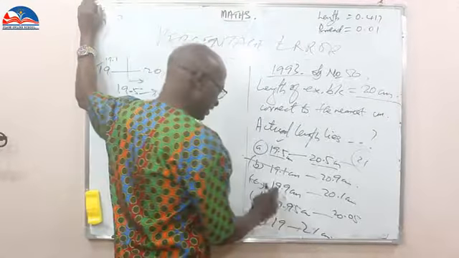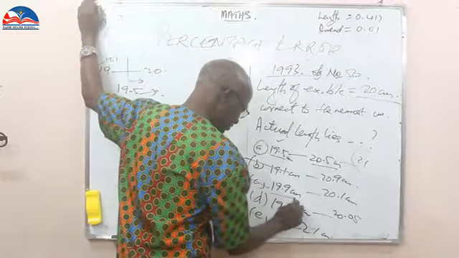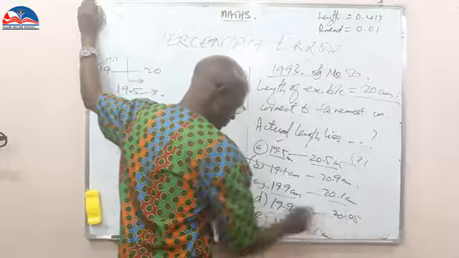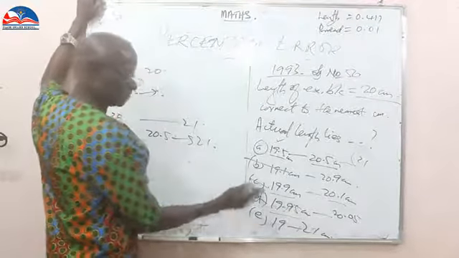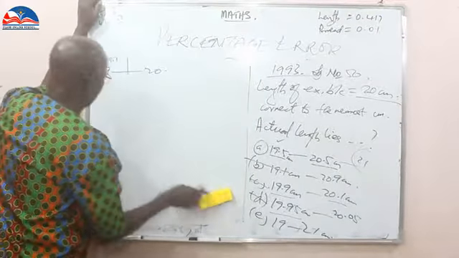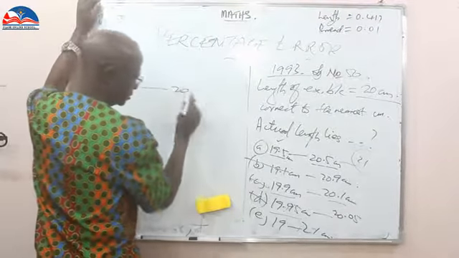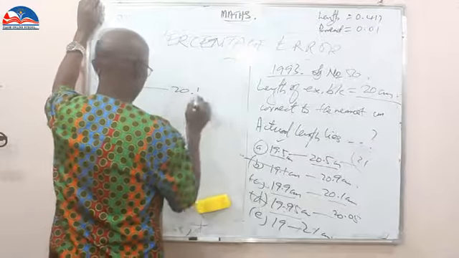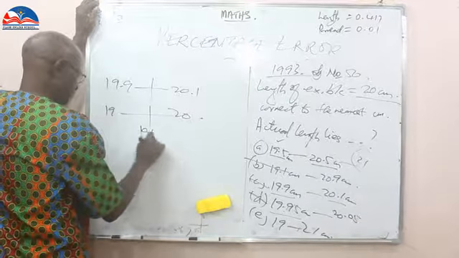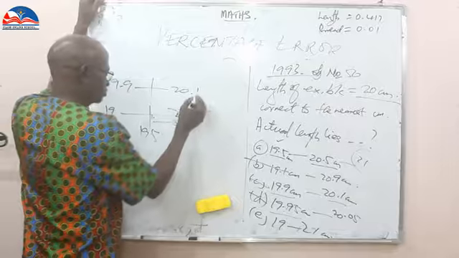If you approximate, there seem to be two options. 19.9 cm could approximate to 20, and 20.1 also. This is possible. But then look at 19.95 and 20.05, which is closer to the answer. Although this is close, it appears with two options. 19.5 is already more than half, so you approximate to 20, and 20.5 could also return to 20.